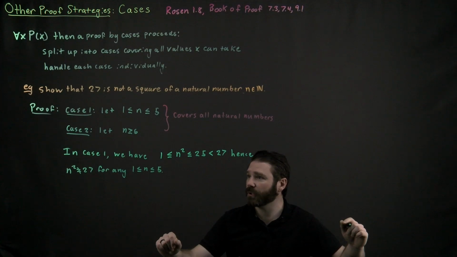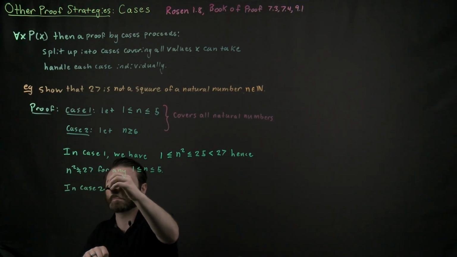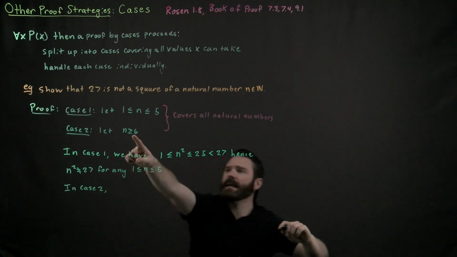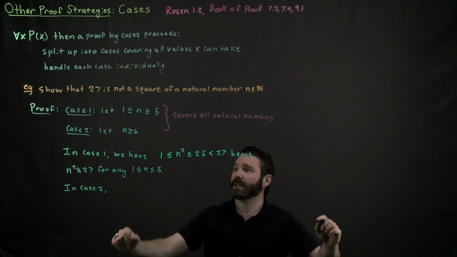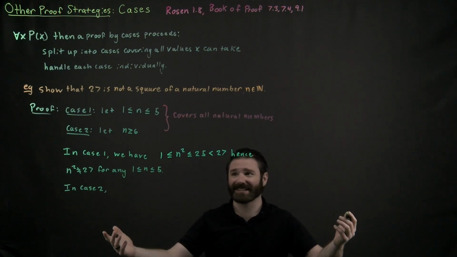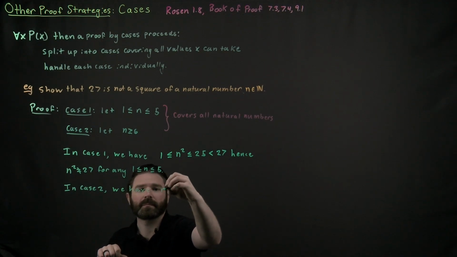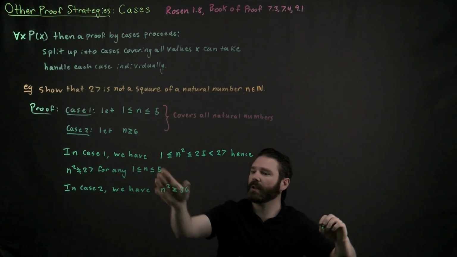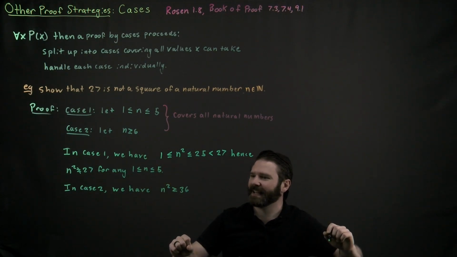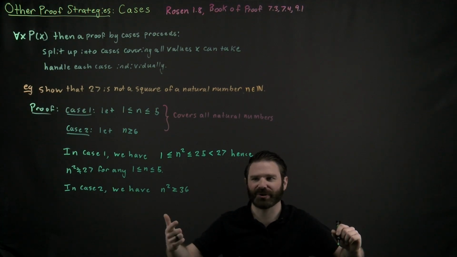And so for case 2, here now, n is greater than or equal to 6. Well, let's see if that same trick that we did just before in case 1 also works here. So I took this inequality and I squared it. And now check this out. n squared is greater than or equal to 36.